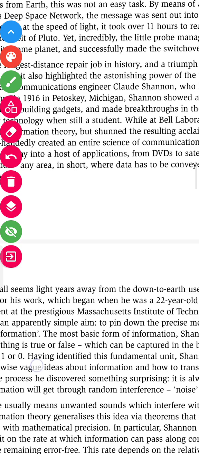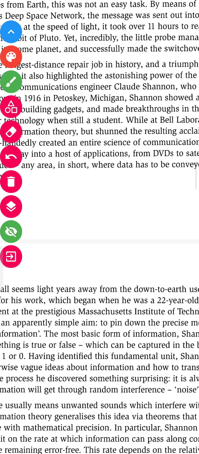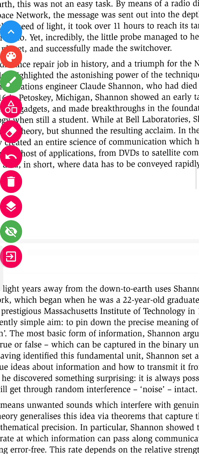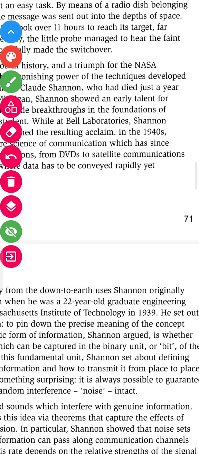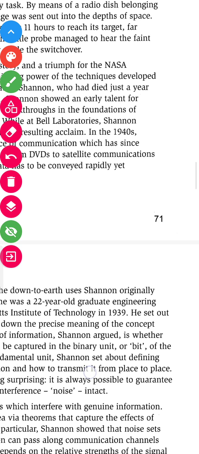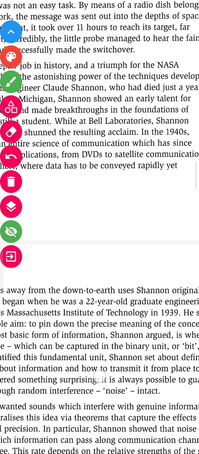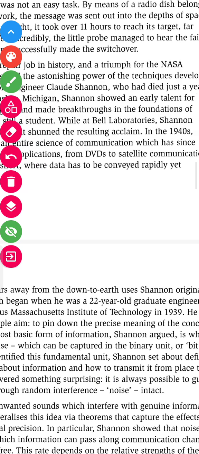If we read from here, the most basic form of information, you can see it is mentioned here, the most basic form of information. Then what is mentioned, Shannon argues, it is mentioned, Shannon argues. Okay, let's read the complete paragraph and we can see.